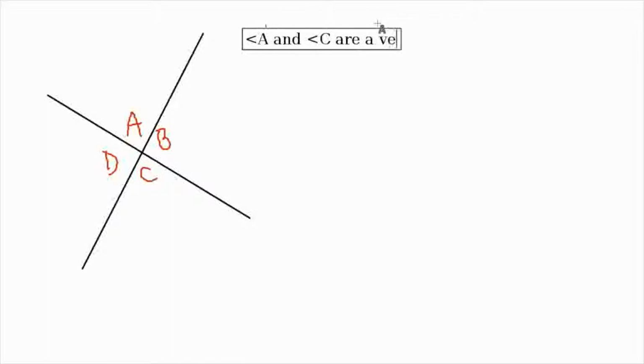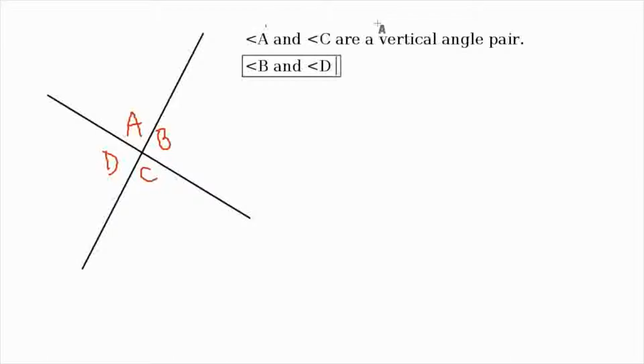Let's call the angles A, B, C, and D. When the angles are across from each other, those are called vertical angle pairs. So angle A and angle C are a vertical angle pair. Likewise, angle B and angle D are a vertical angle pair. Basically, it's like you draw the letter X, and the angles are across from each other.